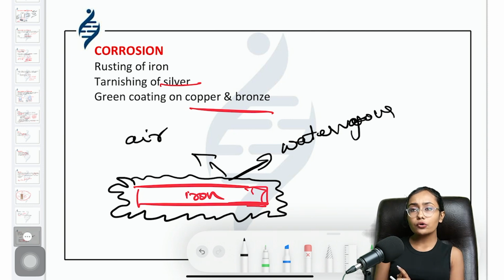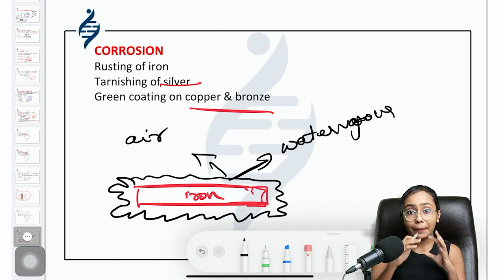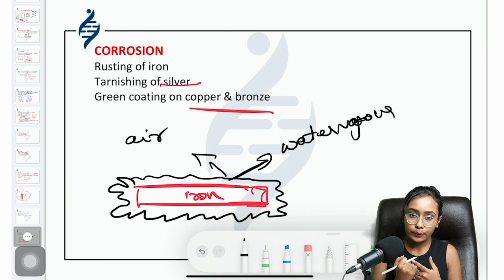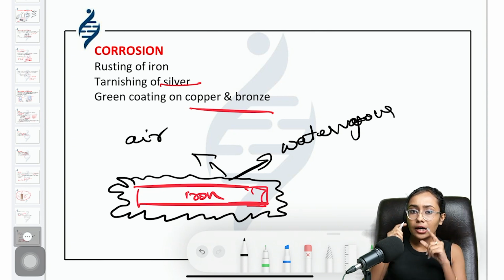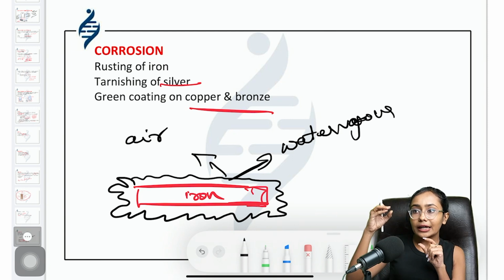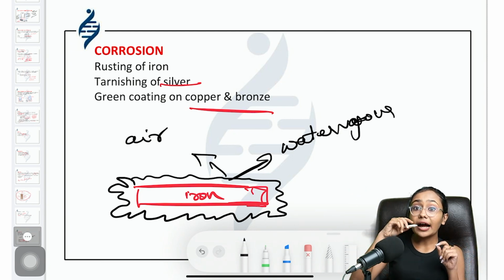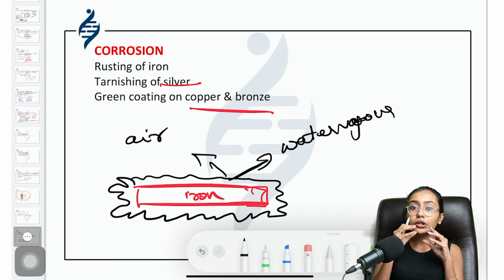To overcome corrosion, to overcome rusting, you can paint it, varnish it, use anti-rust substances, or coat it with a metal of higher reactivity. When the metal comes in contact with air and other atmospheric phenomena, rusting will happen to the higher reactive metal below which the original metal is.